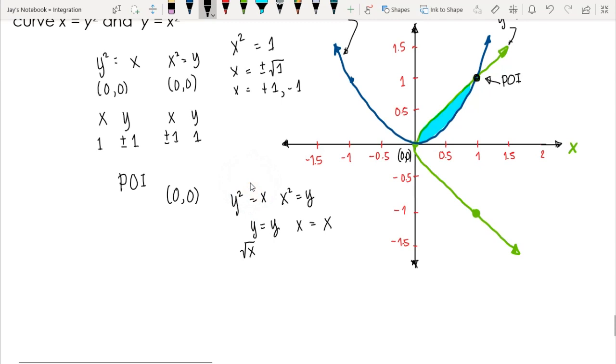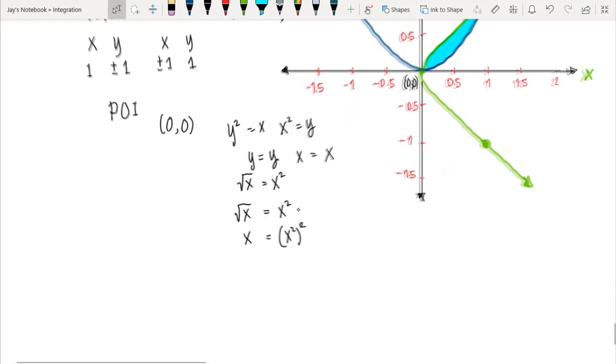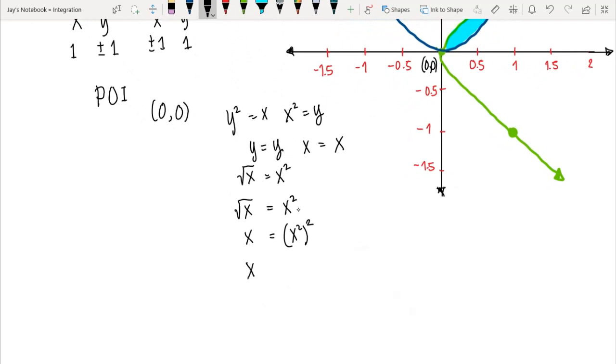Now, the value of y for this curve is equal to x squared. By further simplifying, we have the square root of x is equal to x squared, which is the same as x is equal to x squared raised to the 2, and this gives us x equal to x raised to the 4th.